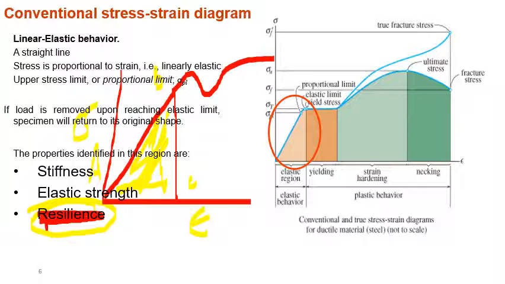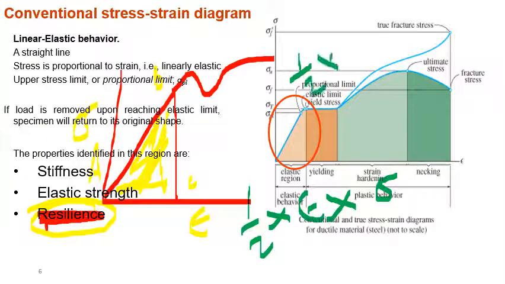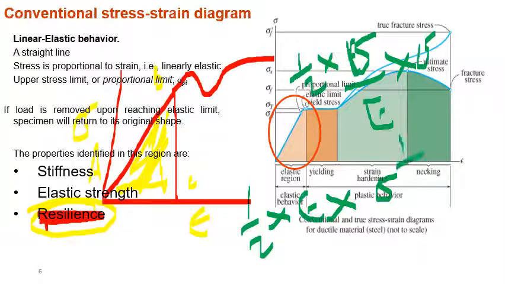We can write it as half into the base, that is epsilon naught, into the height, sigma. Or we can write it as half into epsilon naught, where epsilon naught is sigma divided by E, into sigma, or half into sigma square divided by E. That's how we measure the resilience.